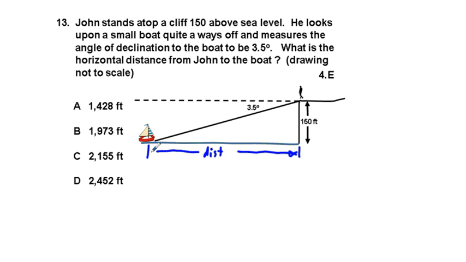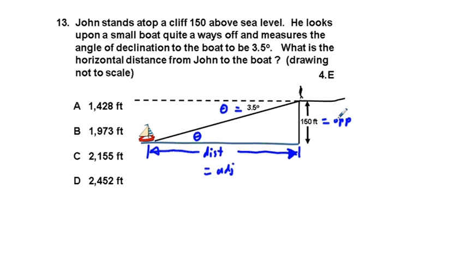In the language of trigonometry, from this angle here, our height is 150, our distance is going to be our adjacent side, and 150 feet is going to be our opposite side.